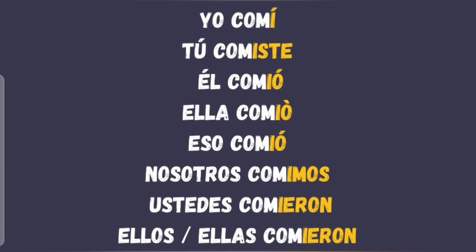And then the ending is going to change according to the personal pronoun you're having, okay? If you're having the personal pronoun yo, I, then you have to put yo comí. If you have the personal pronoun you, tú, comiste, iste, okay? If you're having the personal pronoun he, third persons, then you have to end your verbs with ió, if those are regular verbs ending with er, okay?